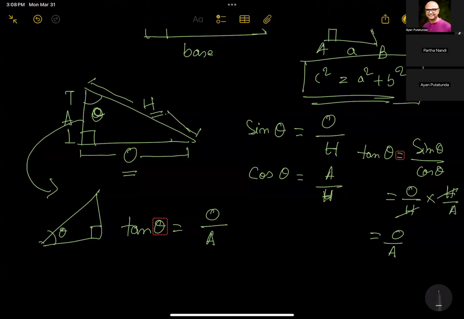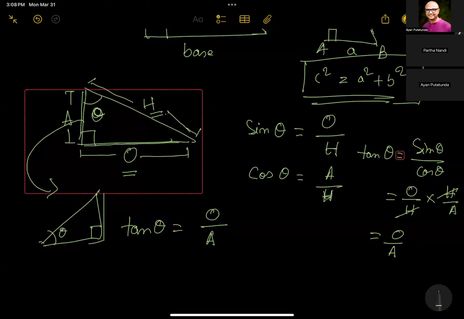If you are looking at the triangle like this, I can also rotate it. This line becomes this line, and this line then becomes the base, and the hypotenuse is this. Then your theta angle changes. What you are calling the base now becomes the altitude.